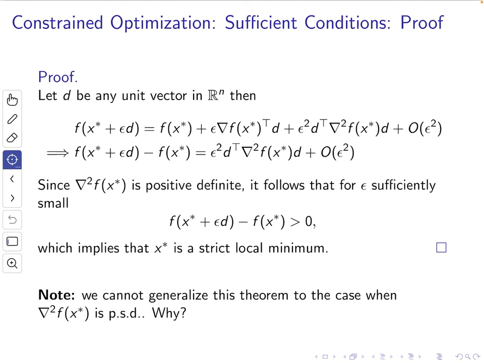And so if it's positive definite, we're doing a sufficient condition. If the Hessian is positive definite, then we know that f of x star plus epsilon d is bigger than f of x star for every direction, and so it's a strict local minimum.